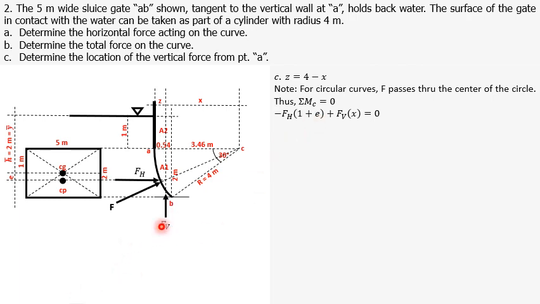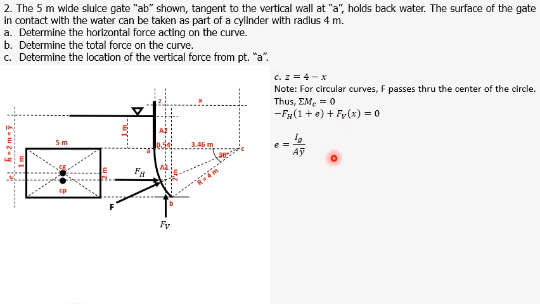And for the moment of FV, it tends to rotate clockwise about point C, so that's why positive FV times the moment arm from point C, which is x. So x is unknown. So we will solve for x in this equation. FH and FV are solved a while back.